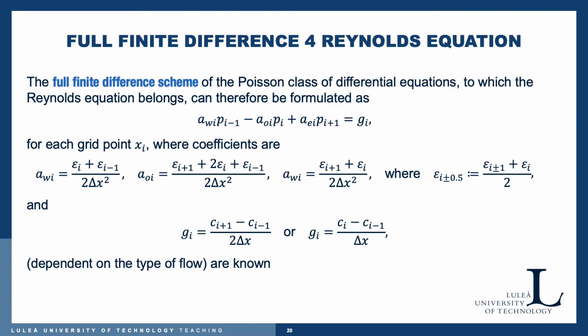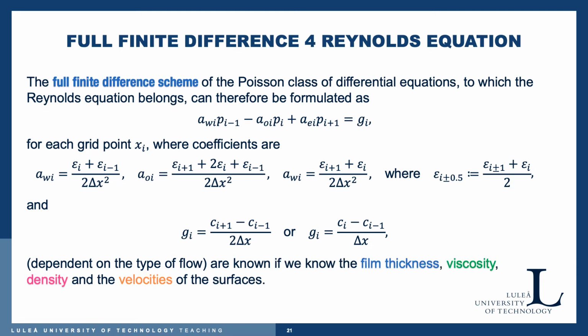And all these coefficients are known if we know the film thickness, the viscosity, the density, and the velocities of the surfaces. Otherwise, they are not known, and we can linearize the system using some kind of fixed point iteration scheme.